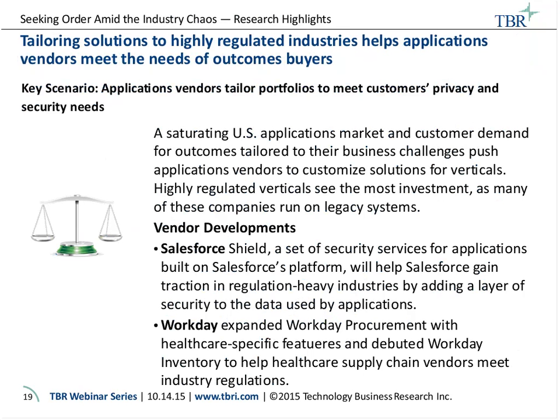First being that the U.S. enterprise application market is saturating. There's fewer revenue opportunities because a lot of the largest companies likely already have their applications environment set. If they're looking to move to another alternative or to cloud, they really need to justify the business case for doing so.